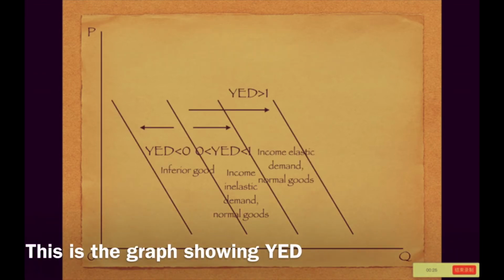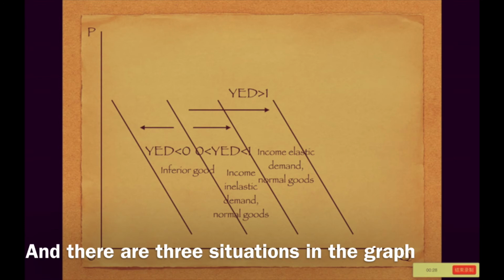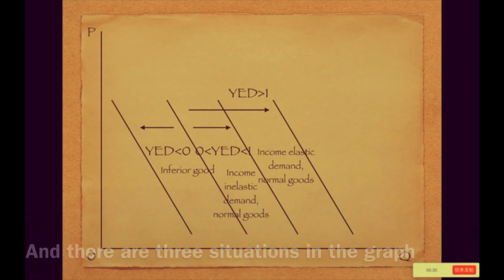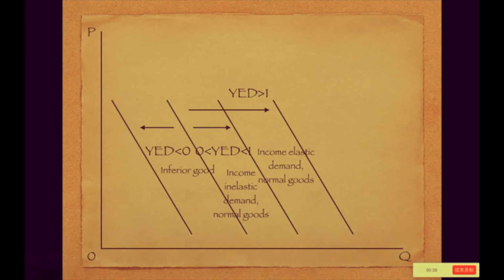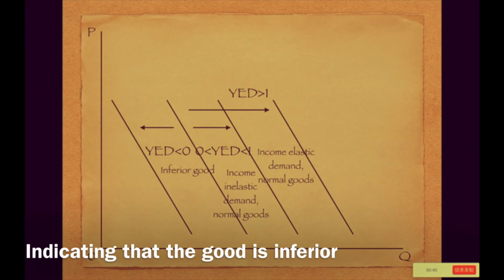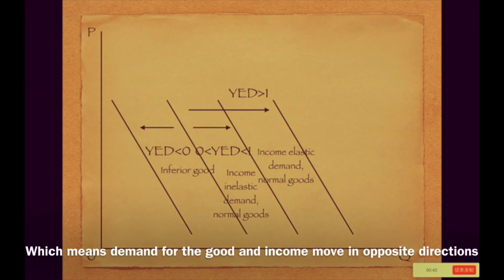This is a graph showing YED, and there are three situations in the graph. The first is when YED is smaller than 0, a negative income elasticity of demand, indicating the good is inferior, which means the demand for the good and income move in opposite directions.